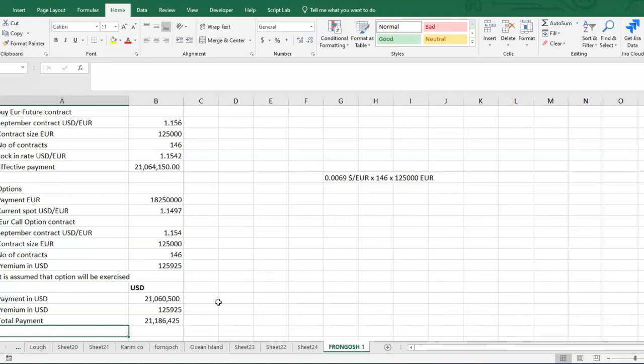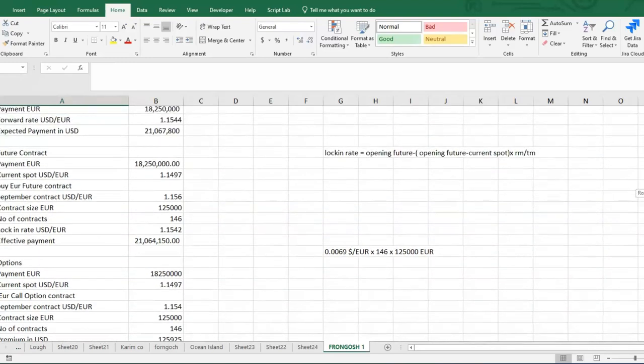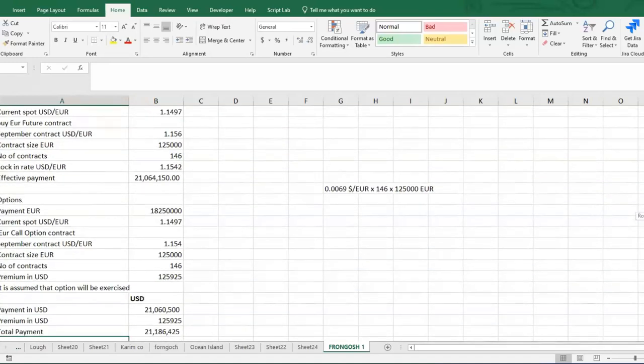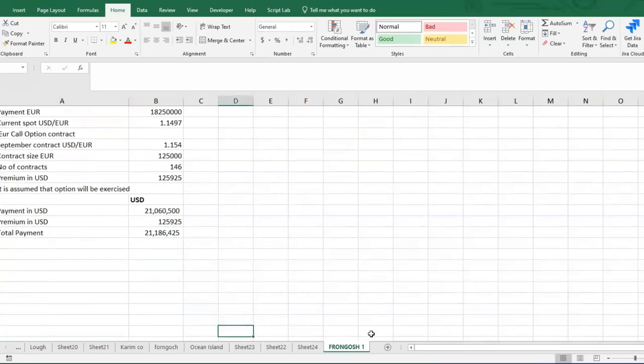So if we compare all this, 21.186, 21.064, and 21.067, you will recommend that future has the best answer. Future has the lowest answer. So we will choose the future contract.